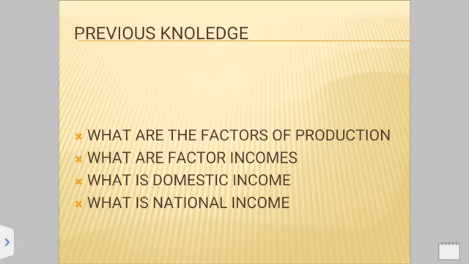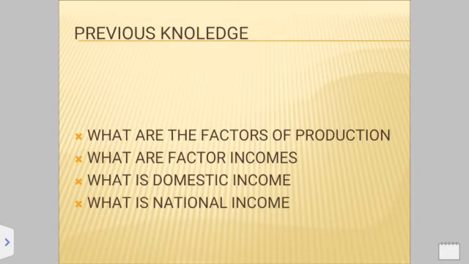Now, when anyone renders these factor services, in return he gets some factor income. So factor income is the income earned by rendering the factor services. The factor incomes are always earned by the owners of the factors of production, when they render their factor services.